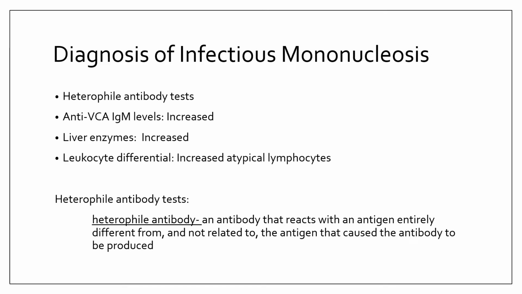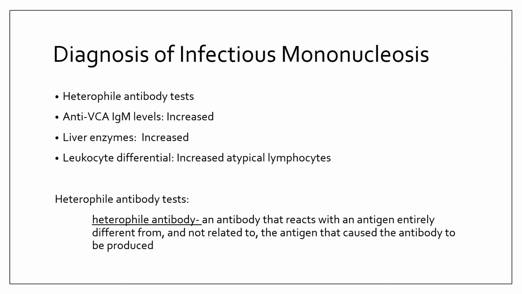One of the best and quickest ways to diagnose infectious mononucleosis is by doing the heterophile antibody tests. A heterophile antibody is an antibody that reacts with an antigen entirely different from the antigen that caused its production. Okay, and we're going to do the heterophile antibody test in lab. Also, we can look for the antibody anti-VCA IgM.